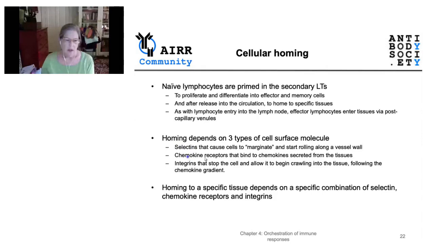Chemokine receptors are the second thing in this orchestration of homing. Chemokines will be secreted from the tissues, and they will actually bind or be available at the capillaries, because the capillaries have little gaps in them, and so these chemokines can kind of creep in. And chemokines are interesting because they like to bind to extracellular matrix proteoglycans and stuff like that, heparin.